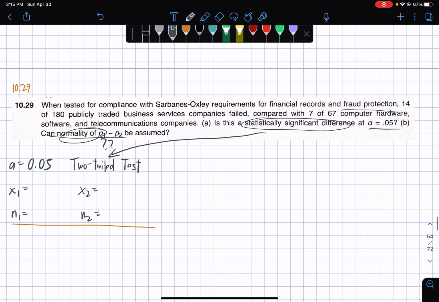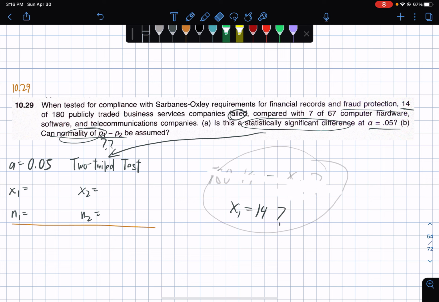I wonder if failure is the success or the X value, because it says 14 failed out of 180, but then X says it's the number of successes. Should it be 180 minus 14 to get X1, or is X1 already 14? Which do you think is better? Let's try. I'm not exactly sure, but we'll give it a try. Let's try to solve it the traditional way.